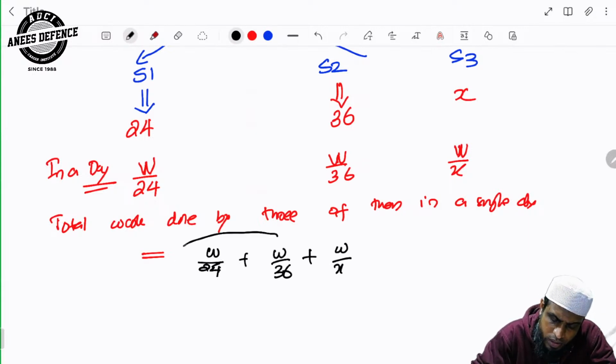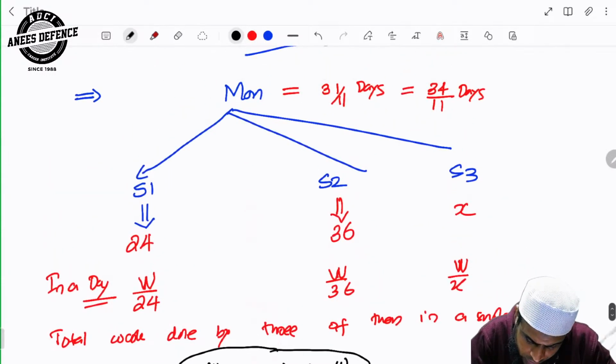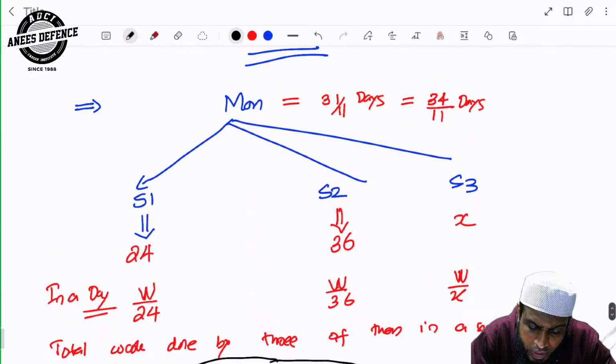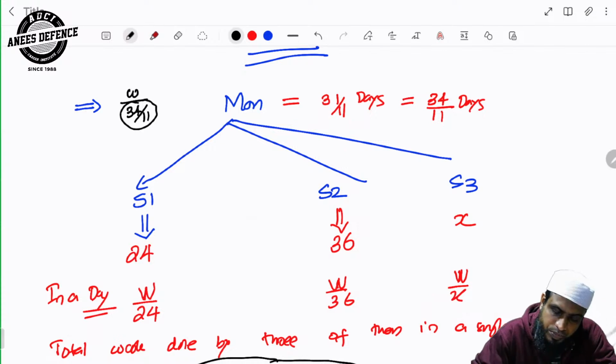This is the total work done by 3 sons together. If the man can do the work in 34 by 11 days, the work done by the man in a single day is W by 34 by 11. The condition given is the man can do twice the work of 3 sons.